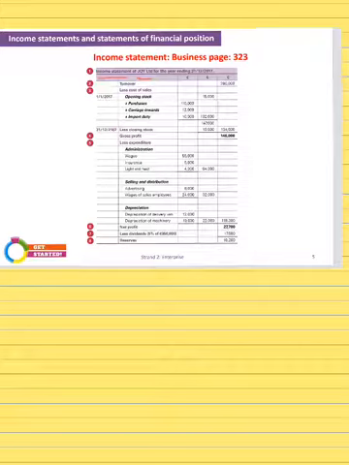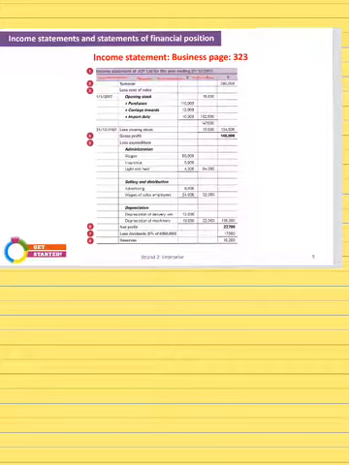And the following is this very important phrase, "for the year ending." And then it will give the date, which is the end of the trading period. In other words, this particular company, Joy Ltd, began their accounts on the 1st of January 2017 and ended their accounts on the 31st of December 2017.